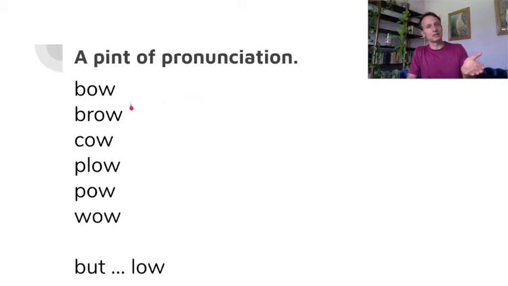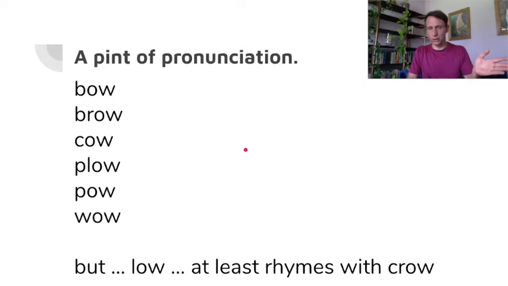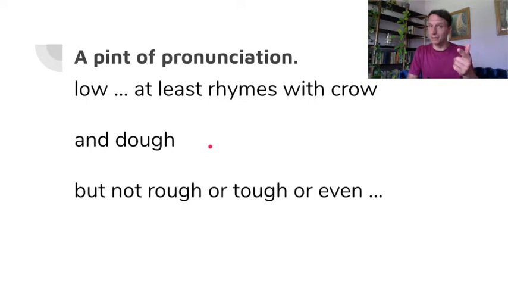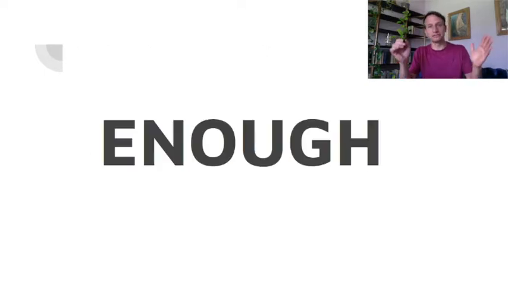Yeah, what are these? We have bow, brow, cow, plow, pow, wow, but that word is pronounced low, which does have a lot of rhymes in English, words like crow, but also rhymes with dough, with this O-U-G-H. However, it doesn't rhyme with rough or tough, even though that has an O-U-G-H. Like, no. It doesn't even rhyme with enough!